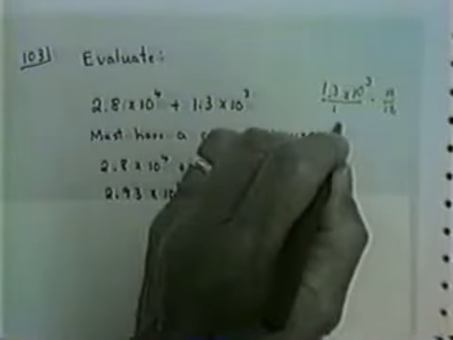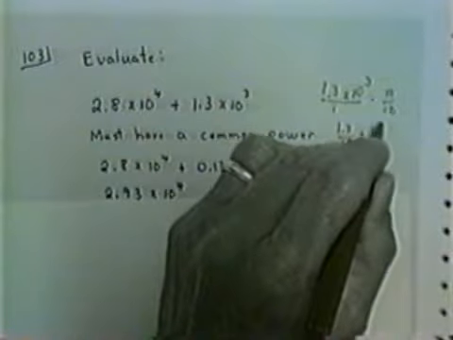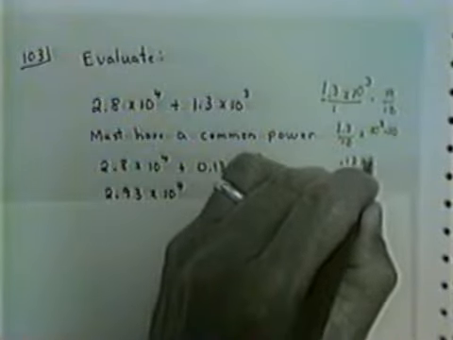So I'm going to write it as 1.3 over 10, 1 times 10 is 10, times 10 cubed times 10, which gives me 0.13 times 10 to the 4th. So that gets me to the exponent that I want. Gives me the power I need.